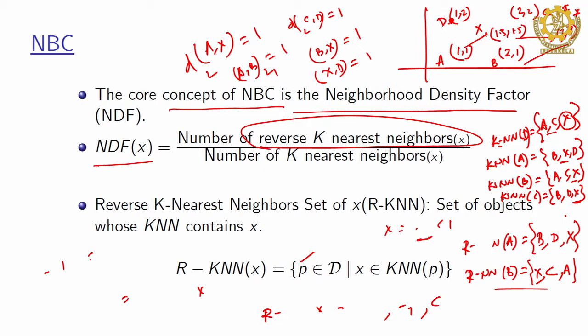So, even if k is 2, at the last level, if there are multiple points, you have to include all points. So, even though k value is 2, you have to include all 4 points in the KNN distance. Therefore, whenever you search for the reverse KNN, you have to search the KNN of all points. The k value is 2, but if there are multiple points at the same distance at the last level, you have to include all the points.